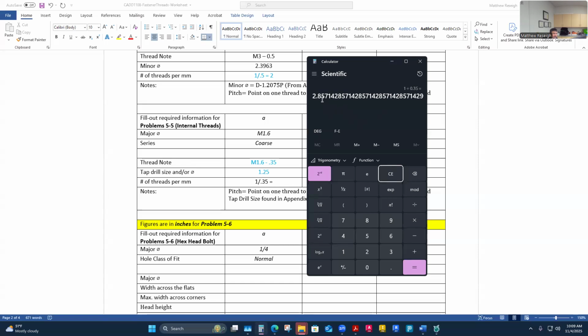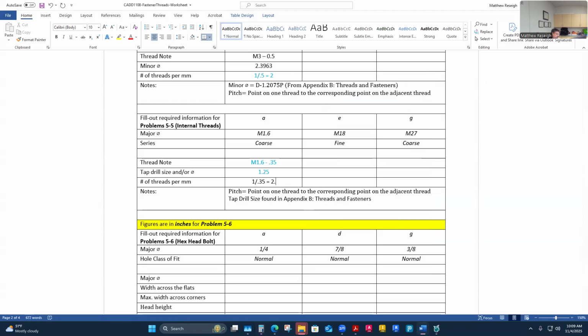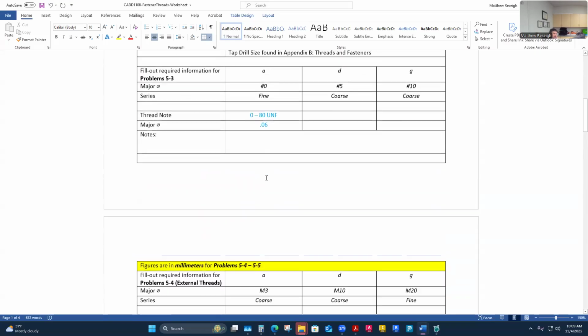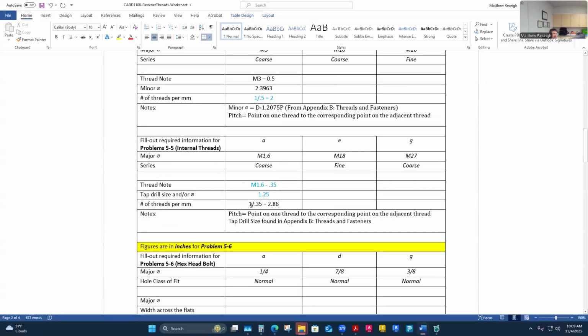I do random things. 2.86 threads per millimeter. It's the unit of length divided by the pitch. Same as up here, except the unit of length was 1 inch for threads per inch. These are 1 millimeter and pitches per millimeter. It gives me threads per millimeter.